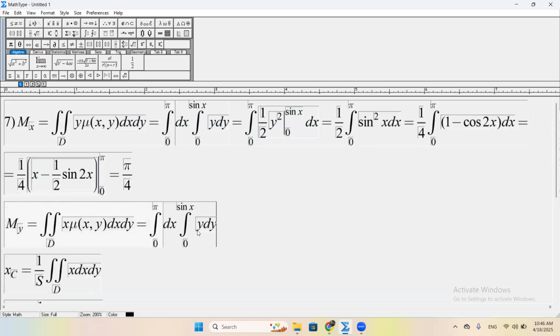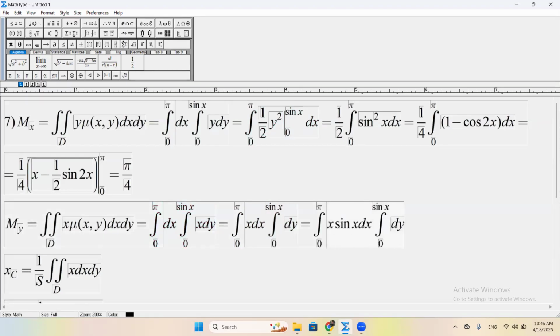We have the following integral, but we integrate x here in this case. Let's also move x to the outer integral, and we will receive x multiplied by sine of x dx from 0 to p.